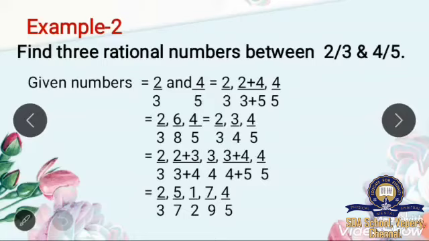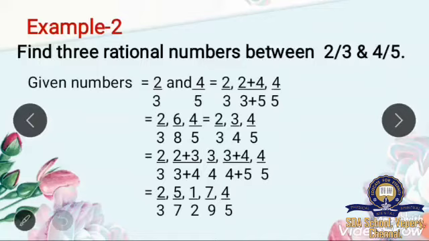In the question it is given: find three rational numbers between 2 by 3 and 4 by 5. So the given numbers are 2 by 3 and 4 by 5. According to that condition we are going to add both numerators as well as denominators. So we get 2 by 3, (2 plus 4) divided by (3 plus 5), 4 by 5.